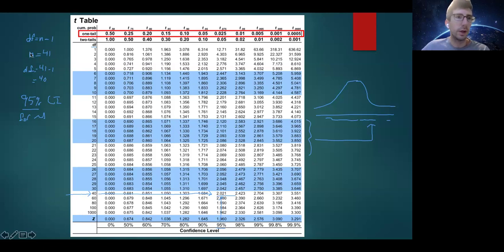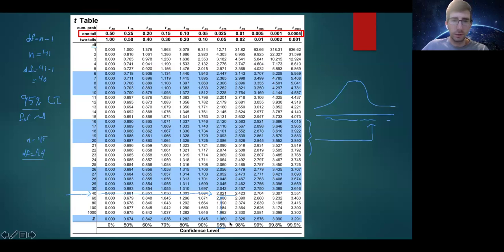If we had a different sample size, a different degrees of freedom, we might have to use a different one of these rows. And you might notice that we can't always find the row exactly. What if we had a sample size of 45, degrees of freedom of 44? I would recommend that we just stick with the 40. 40 is a lot closer to 44 than 60.